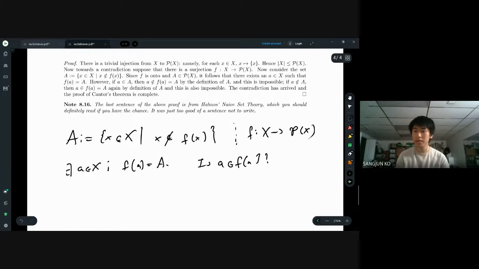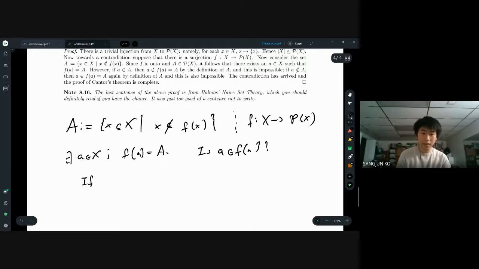Well, if a is in f of a, then by the description of A, which is equal to f of a, a is not in f of a.